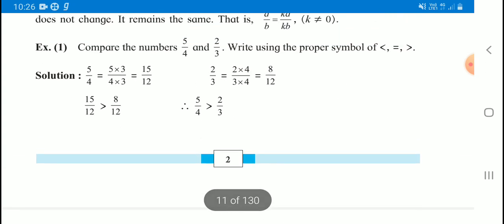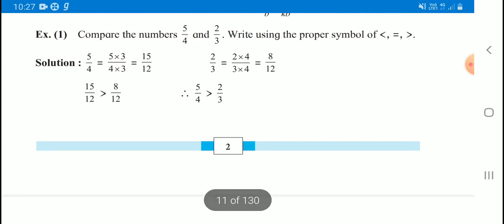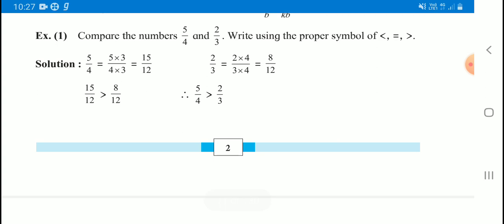So we changed 5 upon 4 into 15 upon 12 and 2 upon 3 into 8 upon 12. If you see, 15 upon 12 is nothing but 5 upon 4, because 3 5s are 15 and 3 4s are 12. In the same way, 8 upon 12 means 2 upon 3. If you find the reduced form of these two rational numbers, then again you will get the same numbers, 5 upon 4 and 2 upon 3.